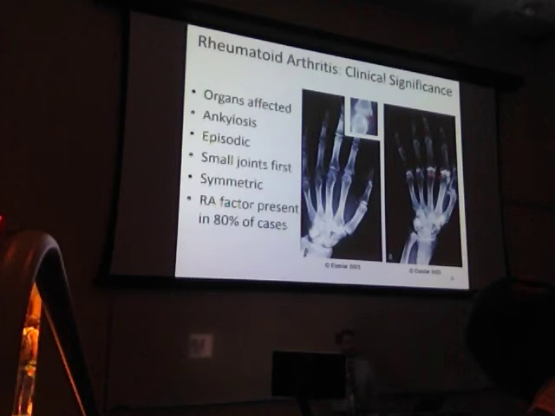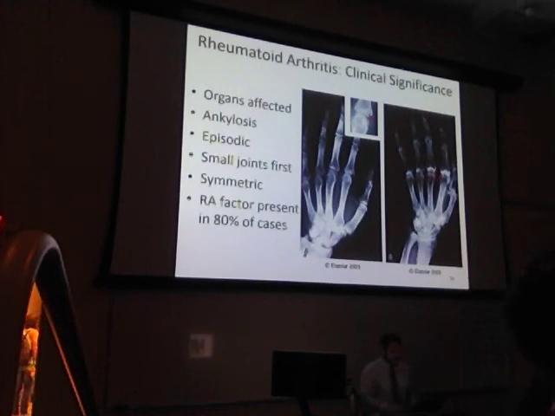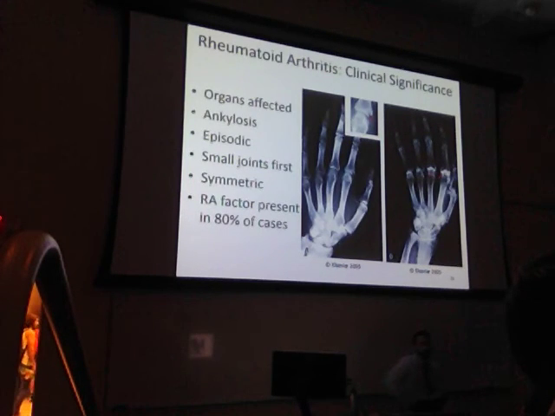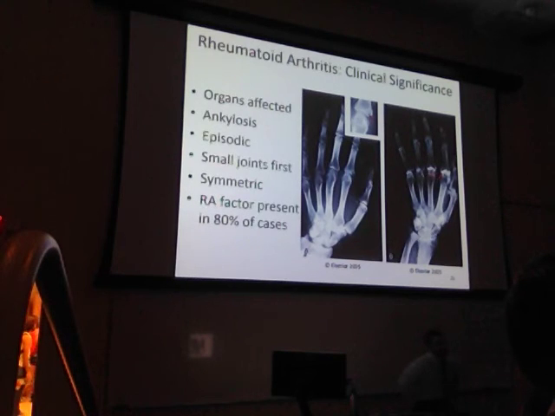It usually targets the small joints first and then moves on to larger joints. That's why the fingers and the toes tend to be affected first. It's bilateral or symmetric, like we talked about, because you're talking about a systemic response as it's circulating around. It's not going to just target the right hip or the left hip. It'll eventually get to the hip, but it's probably in the hands first.